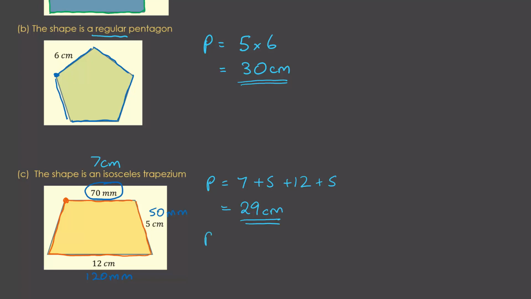But if I worked in millimetres, that would have been 70 plus 50 plus 120 plus 50. By the way, I know that this side is 5 centimetres or 50 millimetres because it tells me that the shape is an isosceles trapezium. And that means that this length here is the same as this length here. And that gives me 290 millimetres.